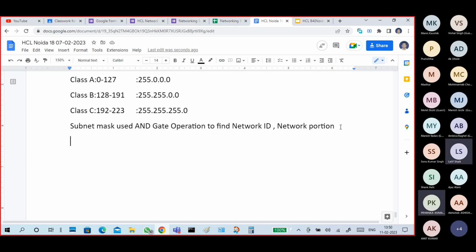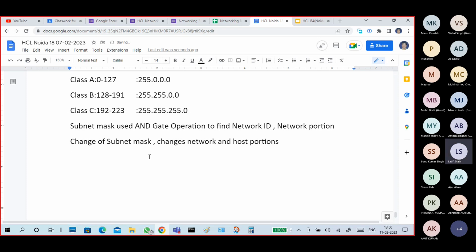As for what this AND gate operation is, we can see how the system will calculate, depending upon the subnet mask. It is a default subnet mask. You can change the subnet mask. A change of subnet mask changes the network and host portions.